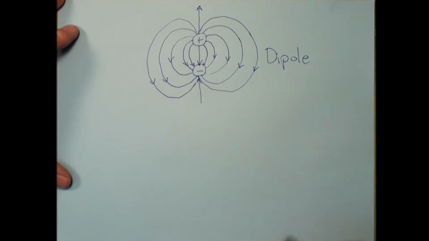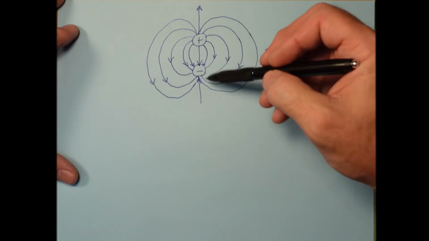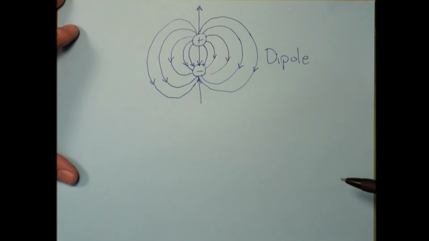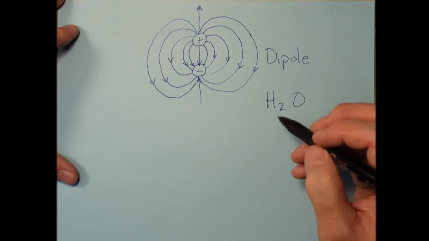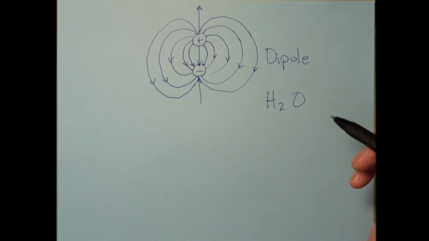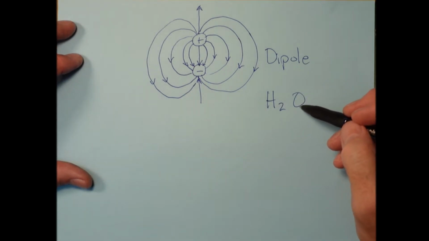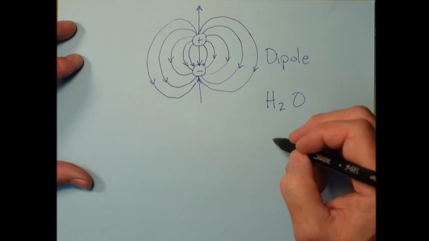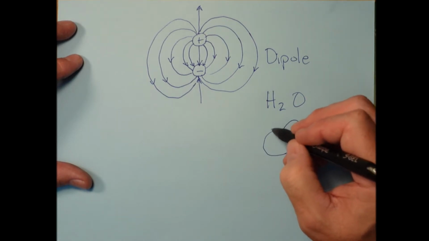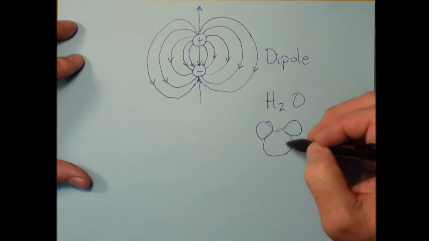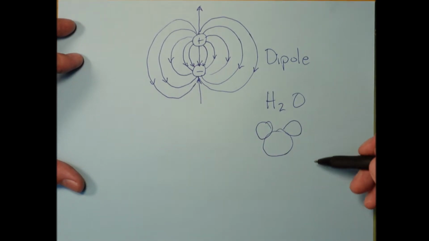And there are lots of molecules in chemistry that you will encounter that can be modeled as if they are dipoles like this. An example would be a water molecule. A water molecule is H2O, and if you were to sketch that out, here's your oxygen, and your two H's are up here, so it looks kind of like Mickey Mouse, so it's called the Mickey Mouse molecule.